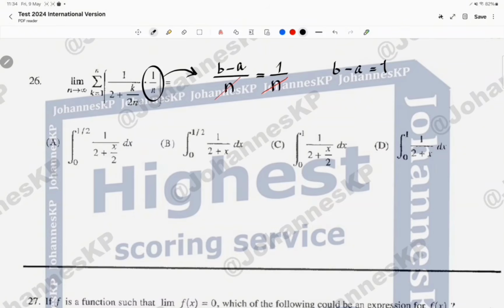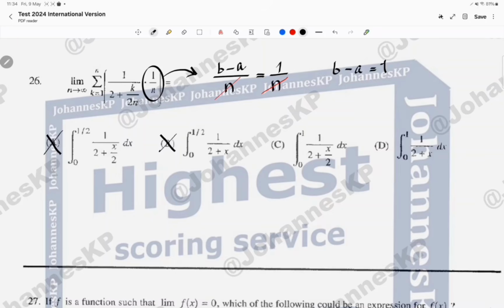That means the top interval minus the bottom one is equal to 1. So it's not going to be A, because half minus 0 is half. It's not going to be B either. It's going to be either C or D.